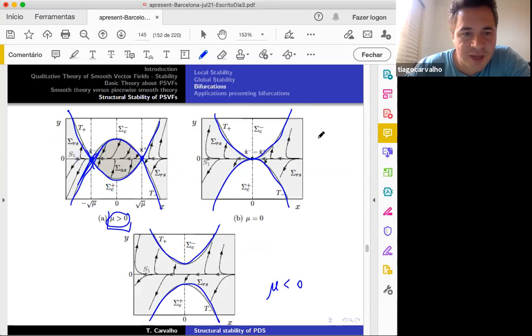So the intersections happen in Teixeira singularities. These two points are Teixeira singularities.